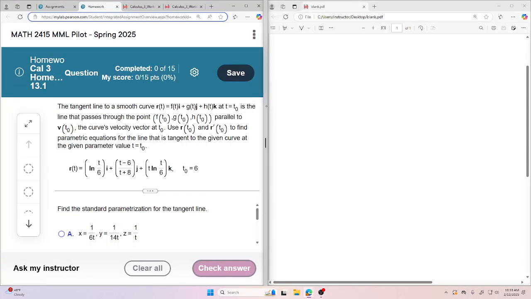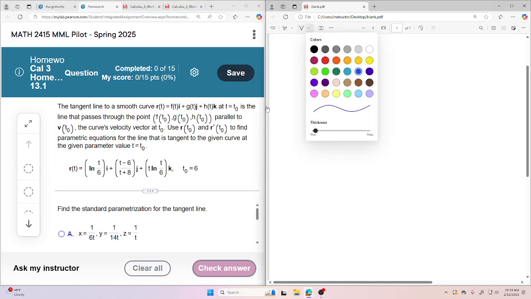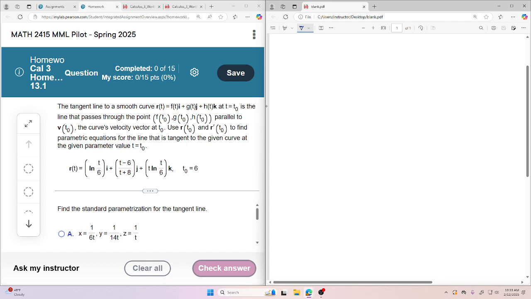Let's do this thing. First off, let's zoom out and talk concept. So we got a curve, and we have a point, and there's this velocity vector at that moment, but there's also the position where it currently is located. We call this R, and we call this R prime.